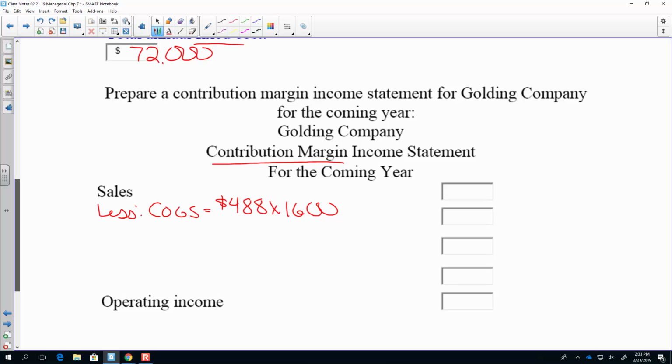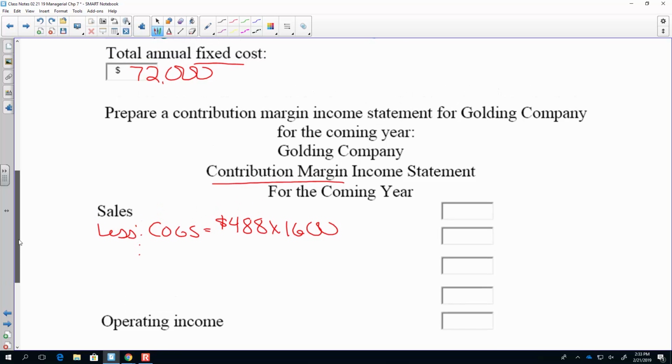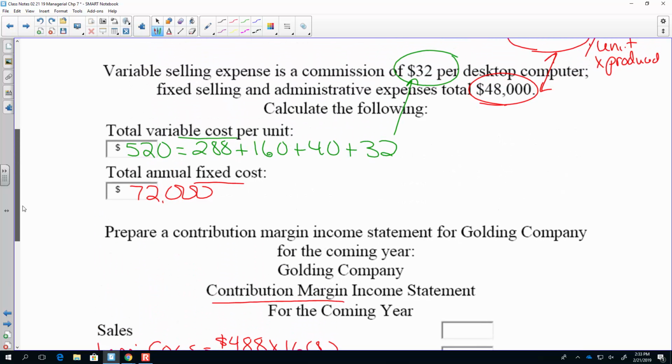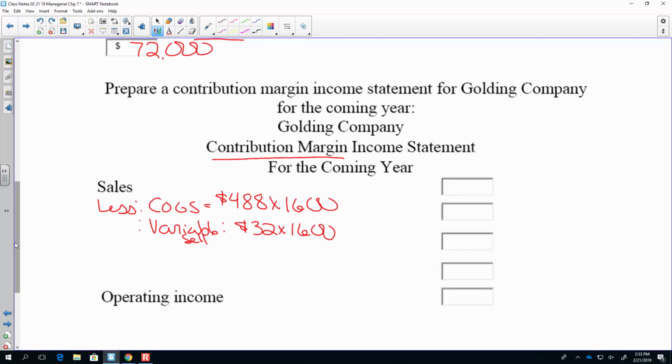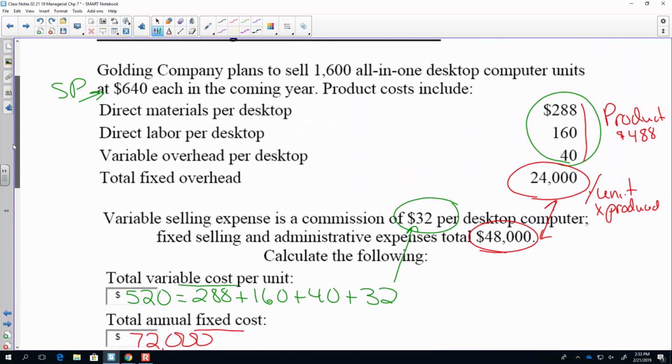And also we had commissions. Is that what the variable? Yep. Variable selling. $32 times 1,600. And obviously the selling price was, I forgot already, $640.